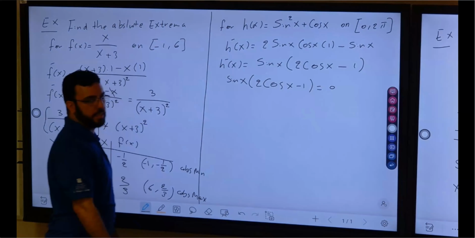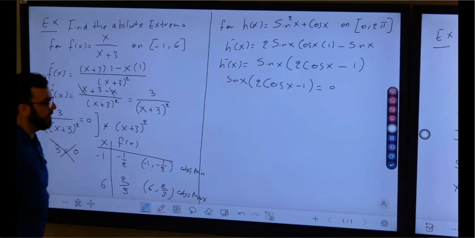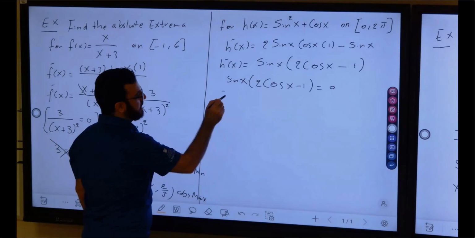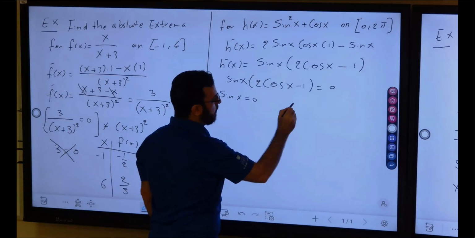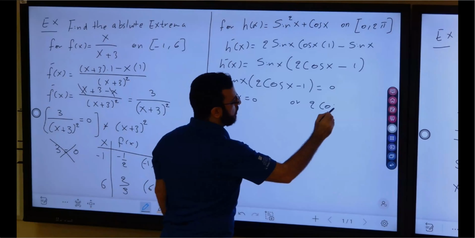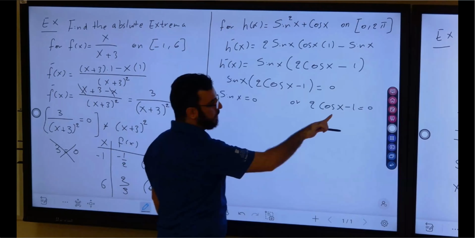What's the next step? Sine x equals 0, because this is multiplication. Let's say sine x equals 0 or 2 cosine x minus 1 equals 0. Now let's solve this one.